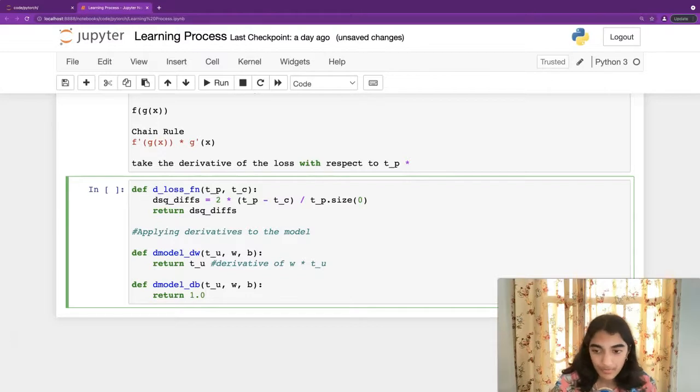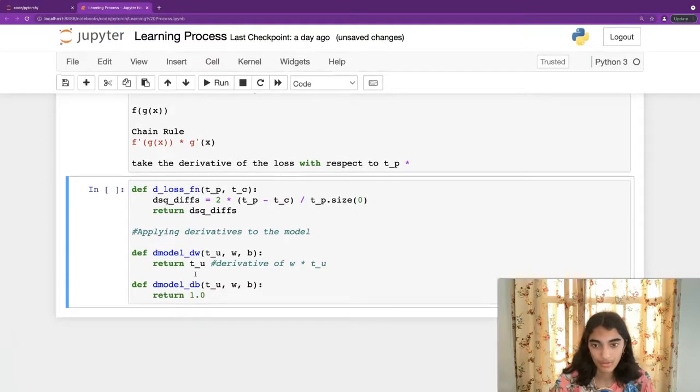So this is the derivative of the model with respect to W, and this is the derivative of the model with respect to B.